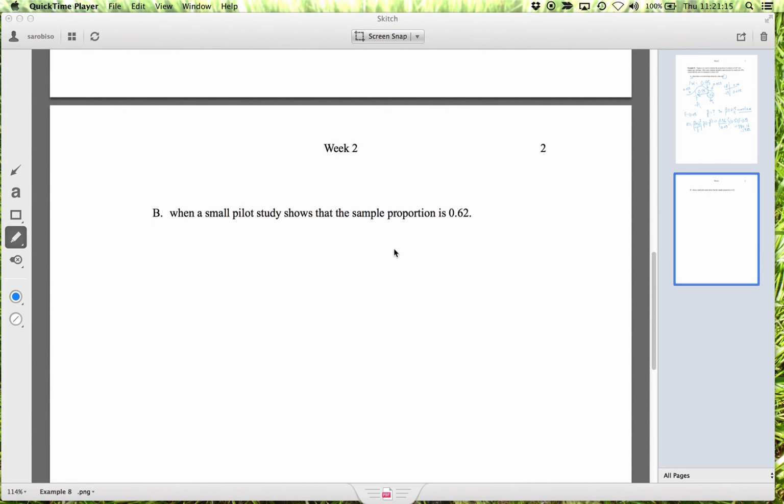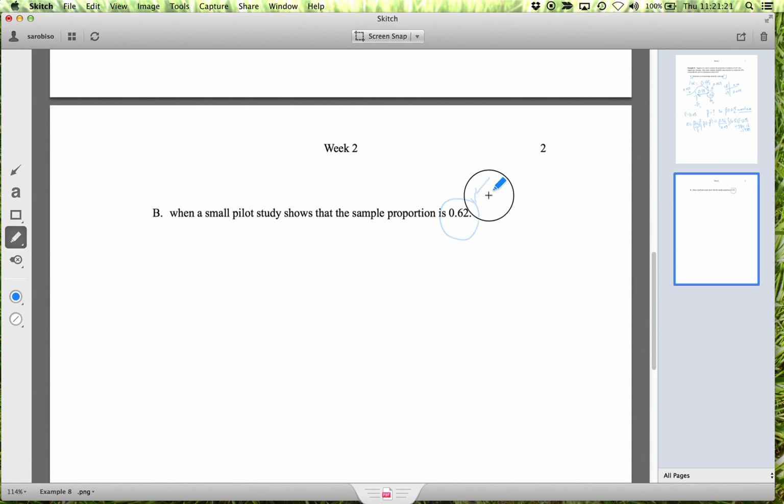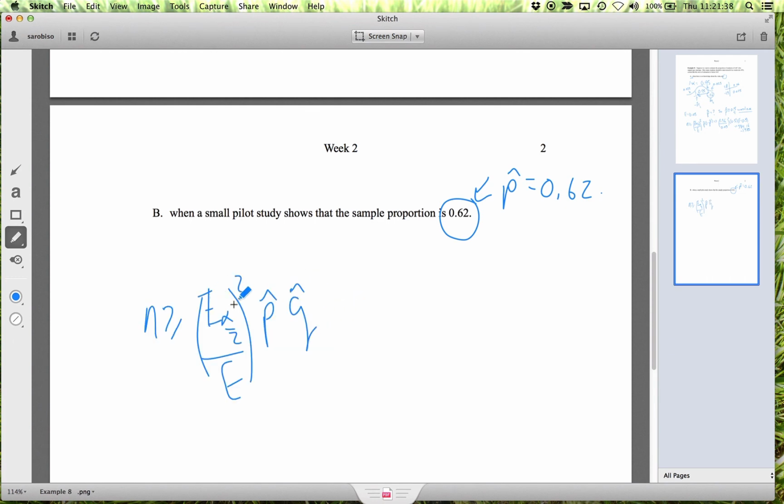Okay, part B, we're trying to find the sample size if we do know information about the sample proportion, if it's actually 0.62. So if we do have information about p hat, again, we use the same formula. Okay, that's a Z here.